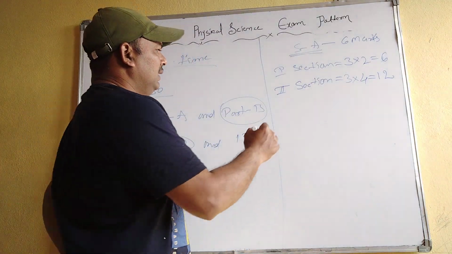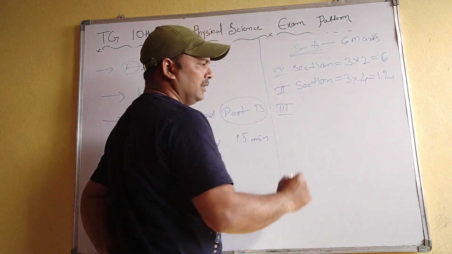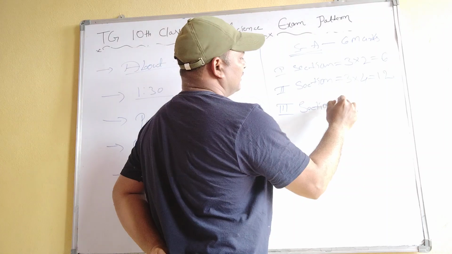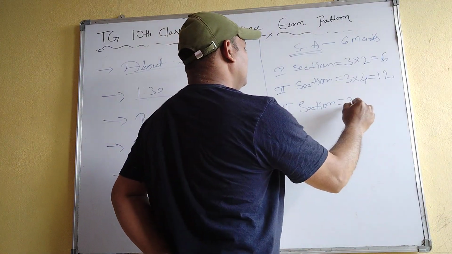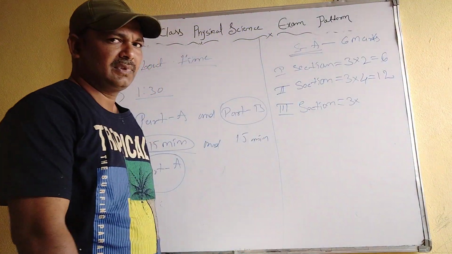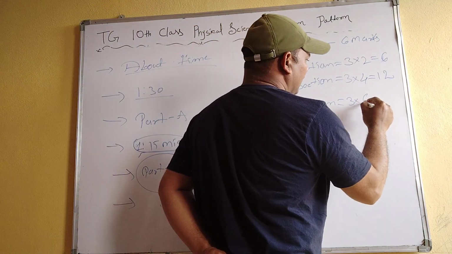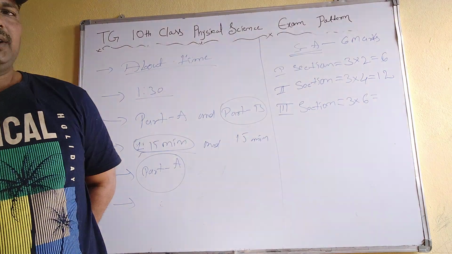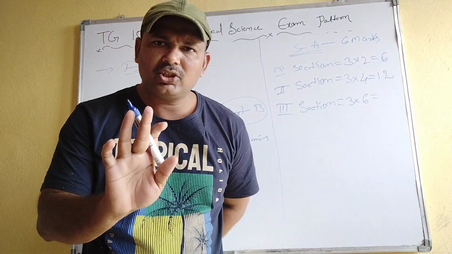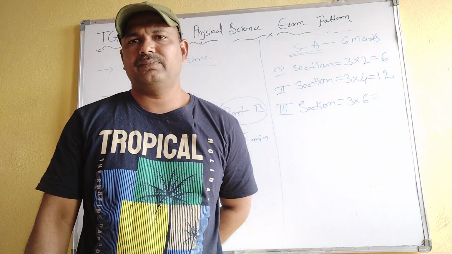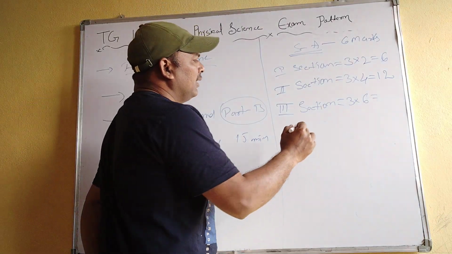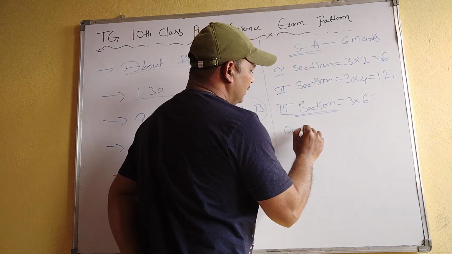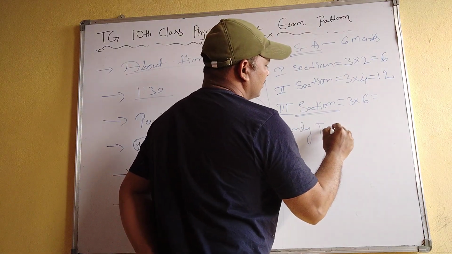Then we go to section 3. In that, they are giving 3 questions, and each question carries 6 marks. But there is a choice in section 3. That means you have to write only 2 questions in this section.